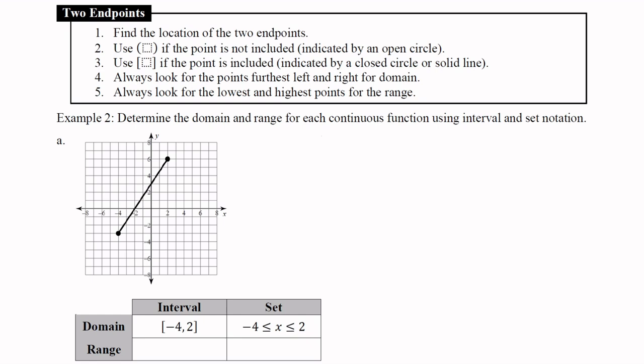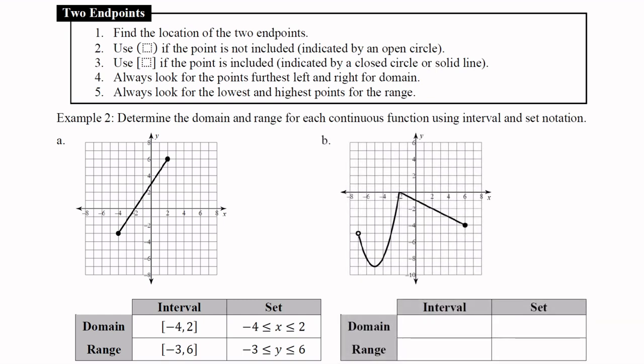And because we have the closed dots on both ends, it's -3 to 6. In set notation, we are going to have a similar thing. -3 is less than or equal to y, which is less than or equal to 6. So in the domain, you use x in set notation. For the range, you use y, because those are the values we are looking at.